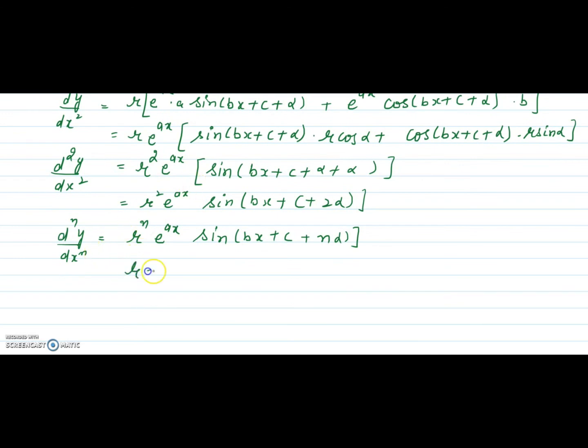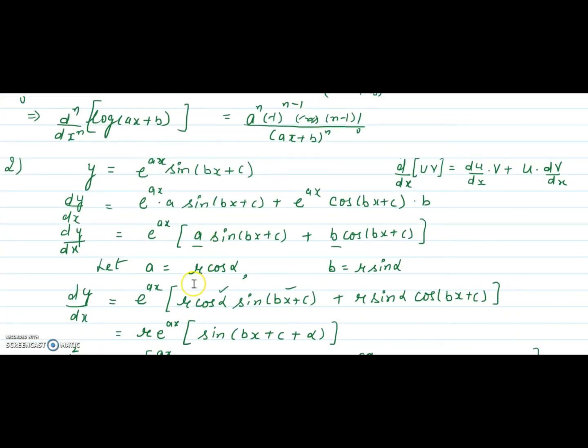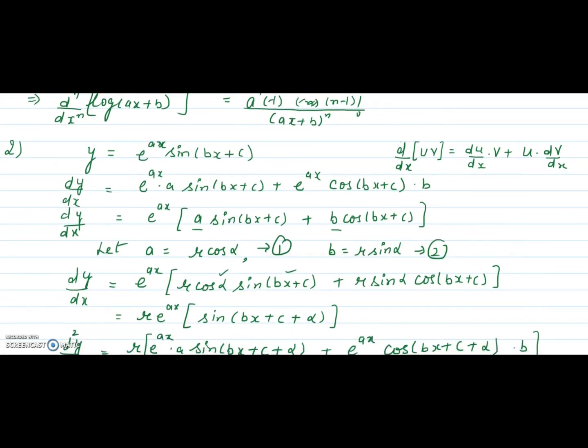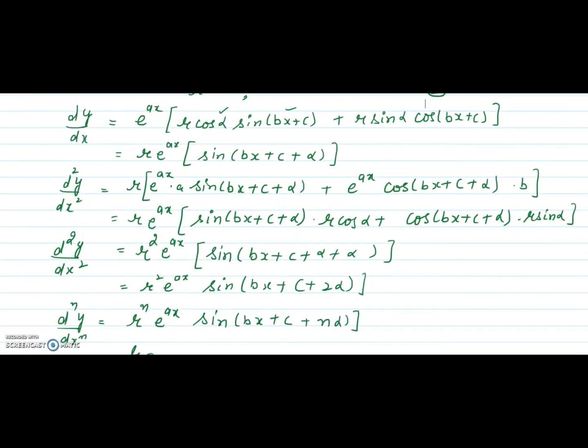Particularly, what is r now? Let's see. We have substituted a equal to r cos alpha and b equal to r sin alpha. Can we square and add these two terms? Let this be equation 1 and 2. If I square equations 1 and 2 and add both, what will I get?